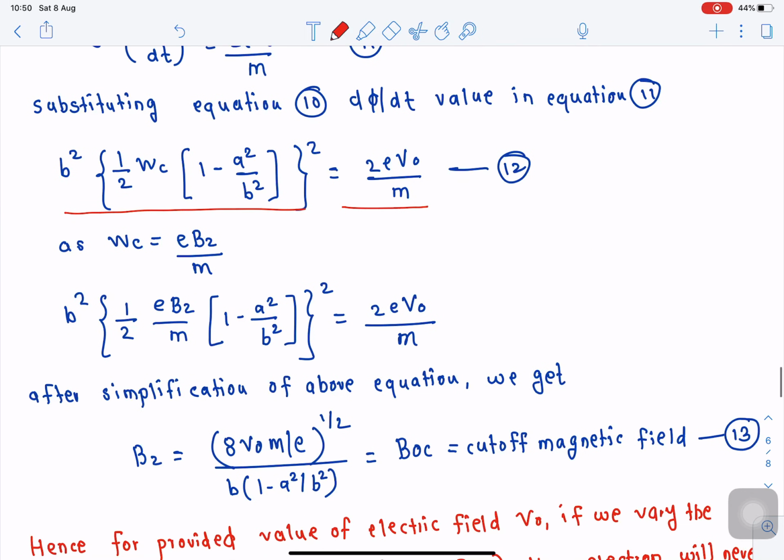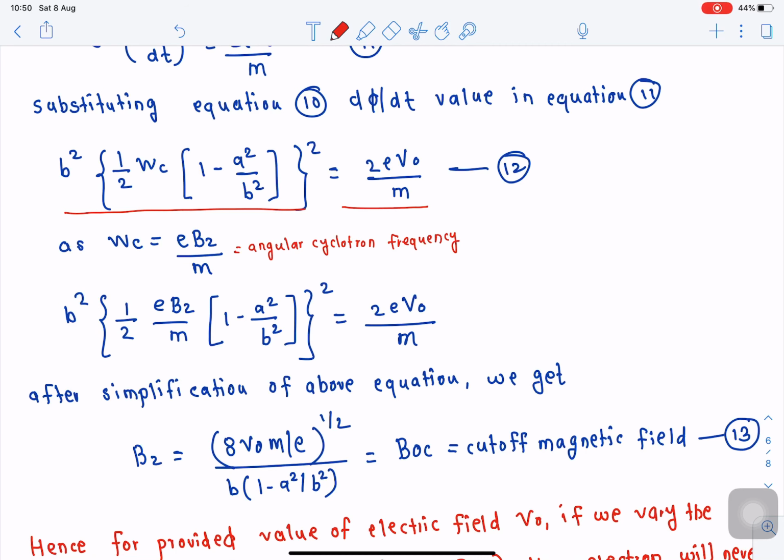Now we substitute what is the angular cyclotron frequency. We know that this is the angular cyclotron frequency, right? Now this cyclotron frequency is eBz by m.